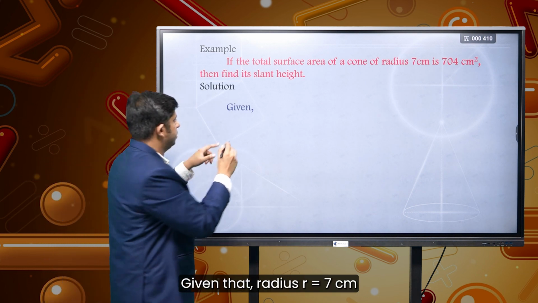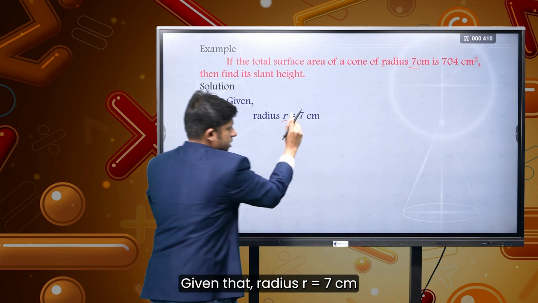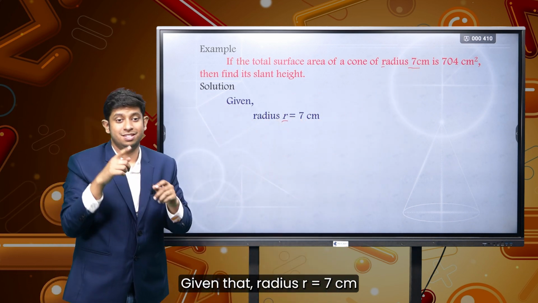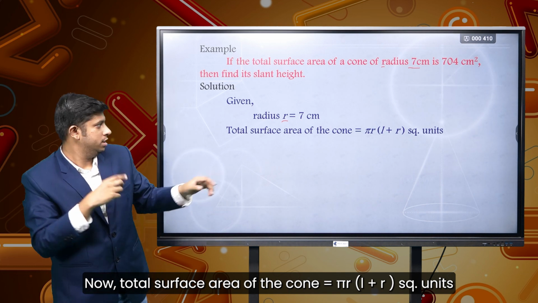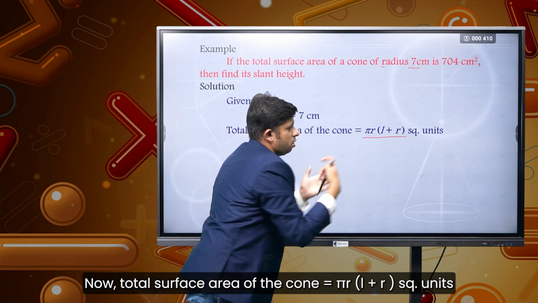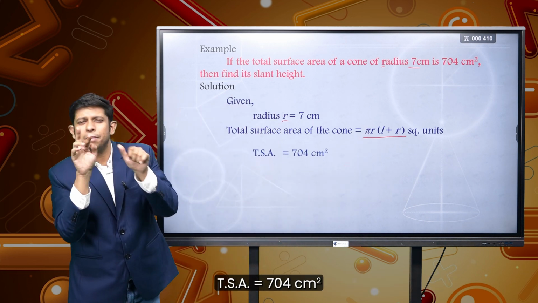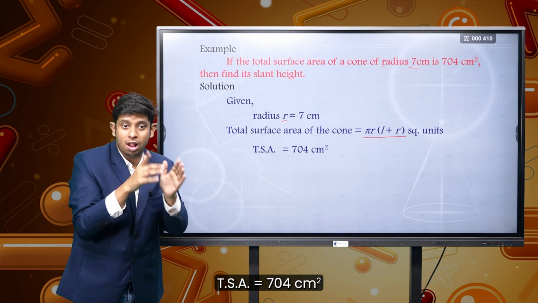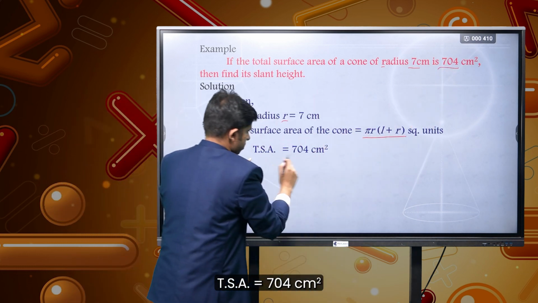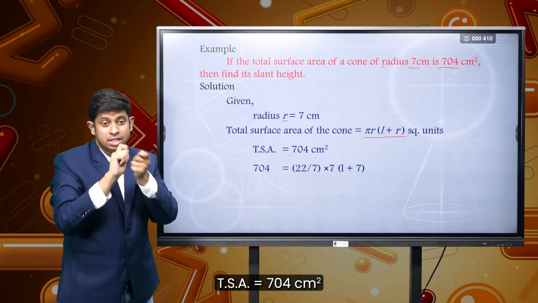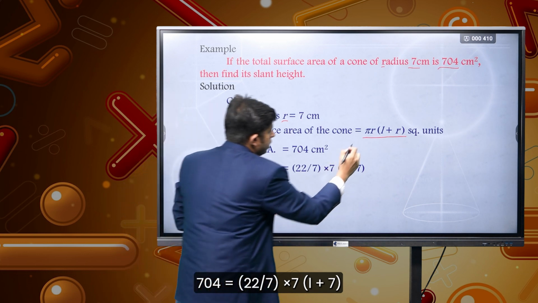Given that radius r is equal to 7 cm, now total surface area of the cone is equal to pi r into L plus r square units. Given total surface area is equal to 704 cm square. 704 is equal to 22 by 7 into 7 into L plus 7.